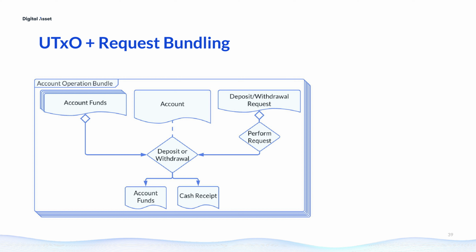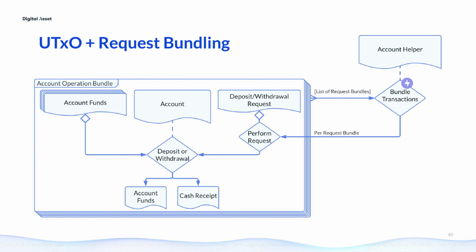Here we will call it an account operation bundle. Finally, we add a second way to process transactions via a helper contract that can accept lists of account operation bundles, along with required supporting contracts. As it is a single choice, exercising it will combine the entire batch of bundles into a single transaction.